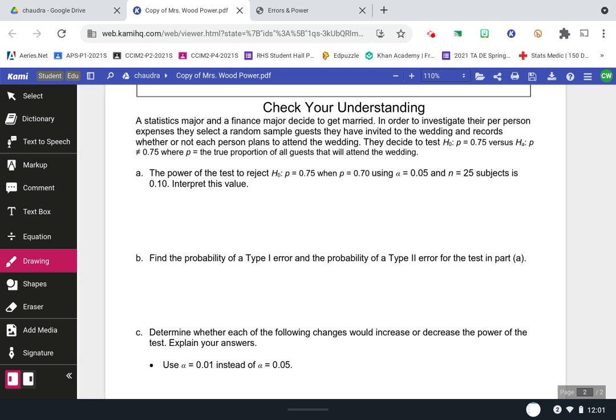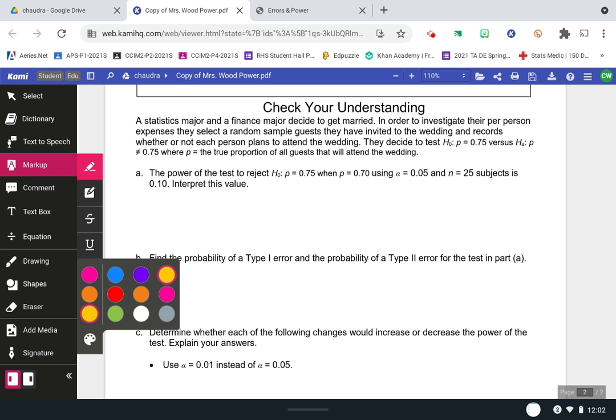So in the check for understanding problem, it says that a statistics major and a finance major decide to get married. In order to investigate their per person expenses, they select a random sample of guests that they've invited to the wedding and record whether or not each person plans to attend. They decide that the null hypothesis is going to be 0.75 versus the alternative, which is just not equal to 0.75. And the proportion for our parameter for the population is going to be the true proportion of all guests that will actually attend the wedding.